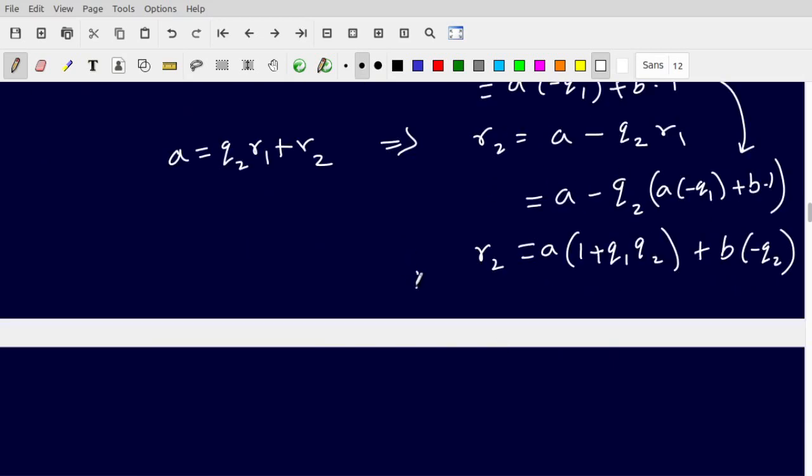So at the nth stage we write Rn as a linear combination of A and B, right? That is our G. So we write each remainder in this way.